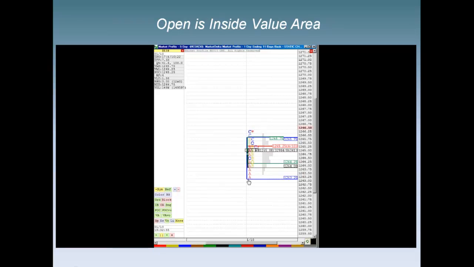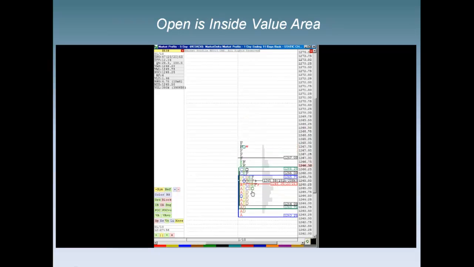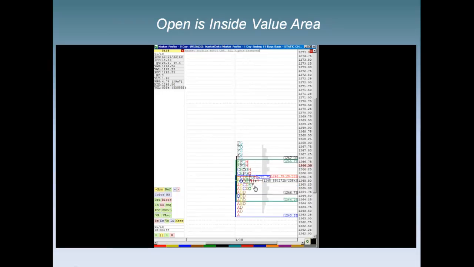So right away we know that our high extreme is going to be there, and we haven't gotten to it yet, but I can take shorts from the top and come back to the POC, and if in fact price drops down to this area down here, I would be able to take a long and take it up to the point of control. Now see that it's moving in a very tight range. Okay, once it gets up here, if I take a short, it moves nicely back to the point of control. Same thing again, we come back to the point of control.